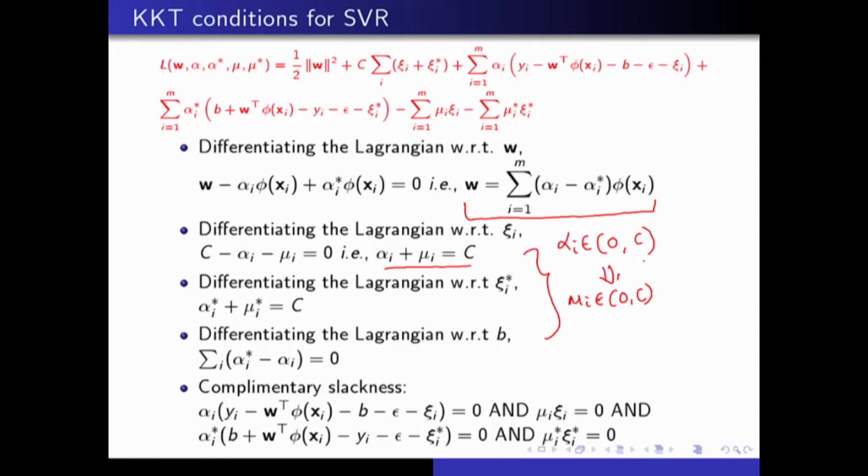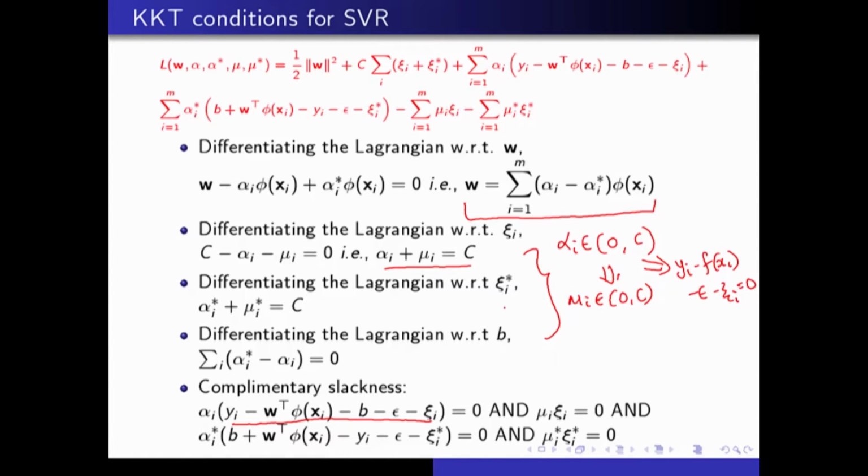On the other hand, a non-zero value of alpha_i would mean equality for y_i minus w transpose phi(x_i) minus b minus epsilon minus xi. So this basically means that y_i minus the function at x_i minus epsilon minus xi would be 0.